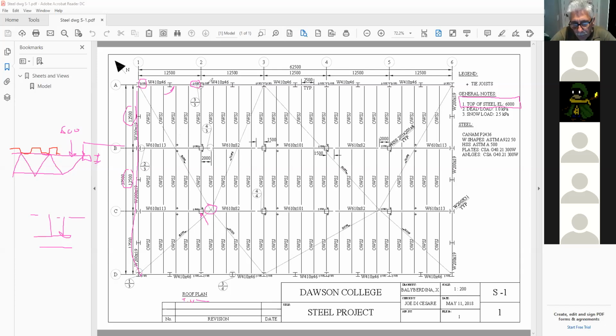Sir, why at the high point are all the exterior columns at the same elevation? It's flat all throughout. Why? Because what you're actually doing is trying to create a basin.